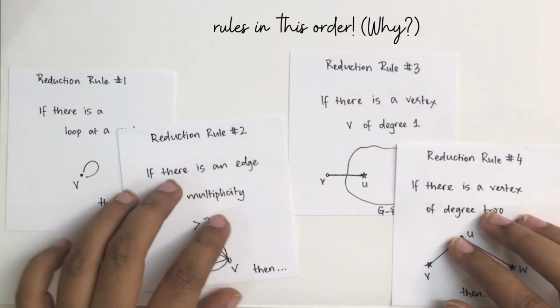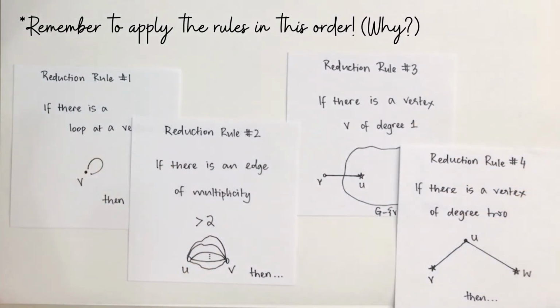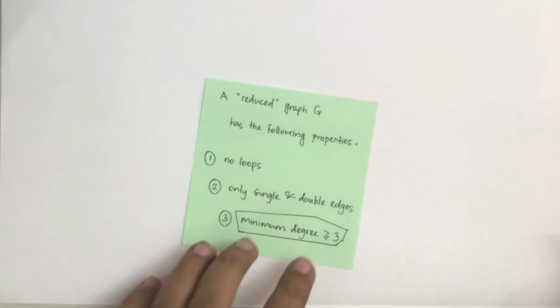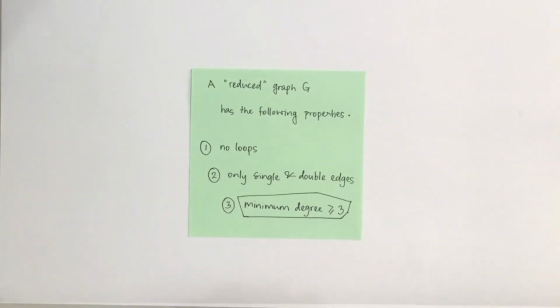Okay, so if you have a graph where none of these reduction rules apply, then you are in a situation where the graph has no loops, it has only single and double edges, and it has minimum degree at least 3. So that's the sort of graph that we might as well be working with, because if this is not the case, then you can bring in one of these reduction rules into the scene.